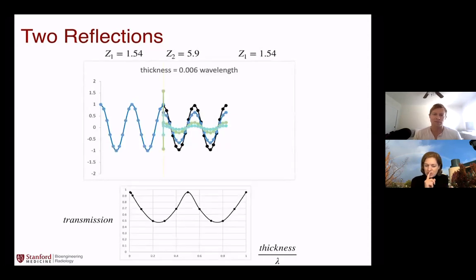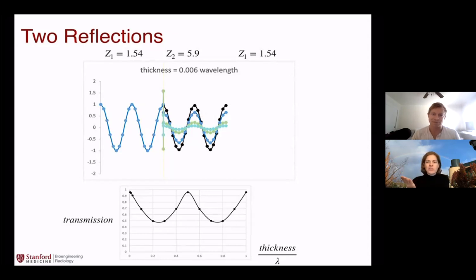But what's really interesting here is the part that we didn't quite finish, which is what's happening as the thickness becomes very, very small, much, much smaller than the wavelength. And what we see is that we're going to get that 100% transmission again. A little counterintuitive, because you could have something that's really small and there's still reflections.